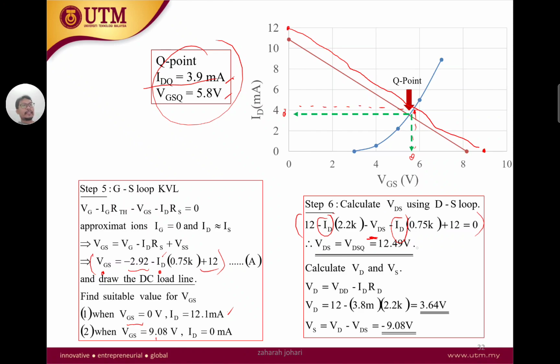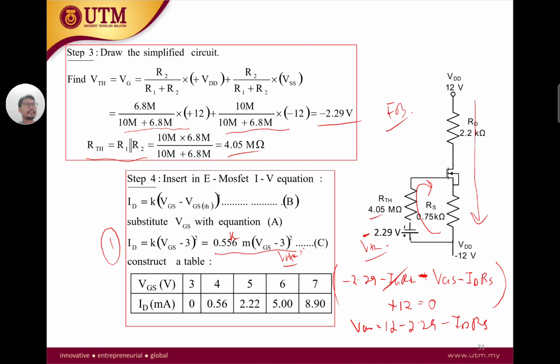So VDS is 12.49 volts, and then we can also calculate VD and VS. VD is here. VD is simply equal to VDD minus IDRD. So it's just a drop, VDD minus the drop on the RD resistance, and we get our VD.